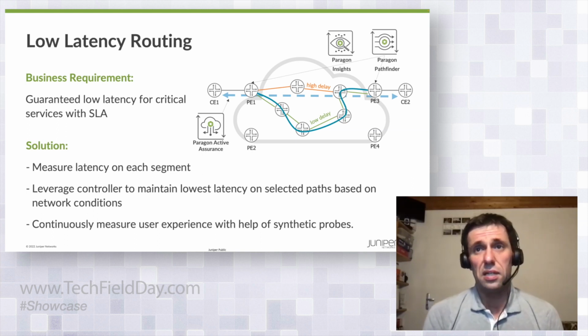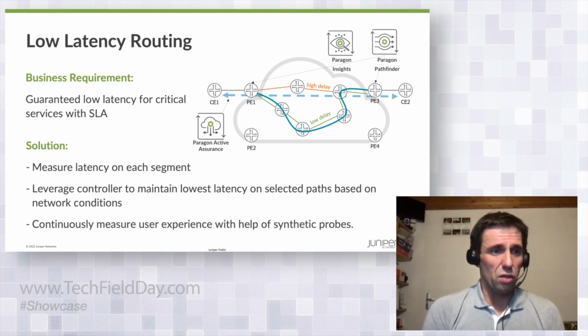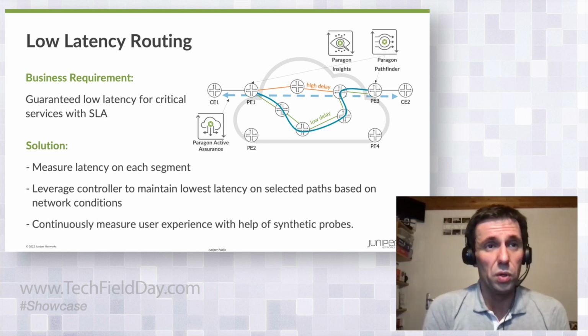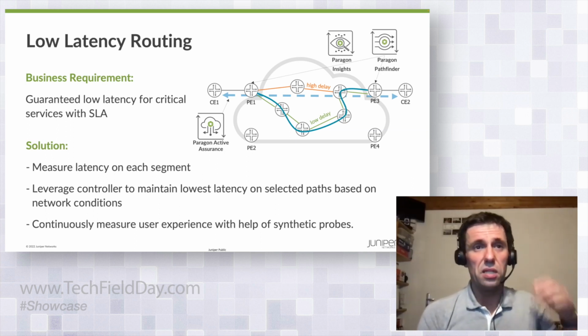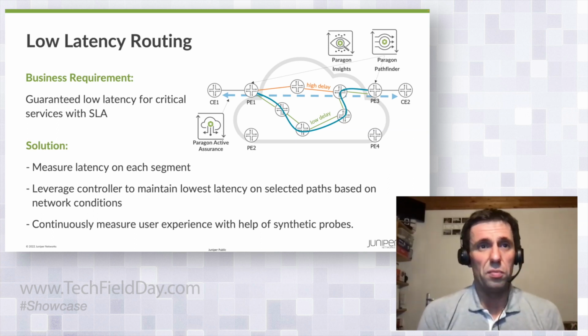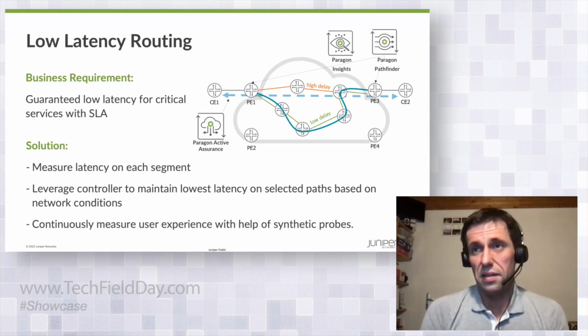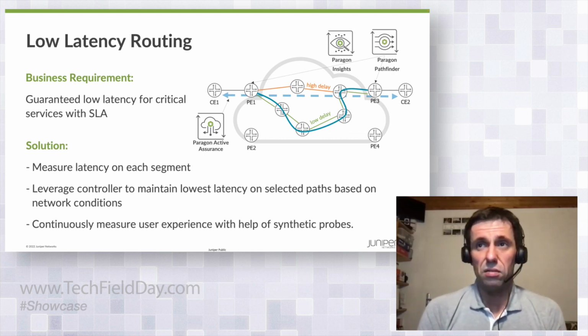So we have here a solution comprising multiple components. First, we need to measure the latency on each network segment. This is obvious, and then we need to distribute this information to the controller and let the controller find the lowest delay path, having the sum of all of the delays on every participating network segment.